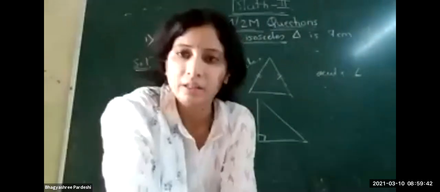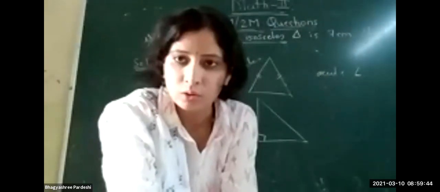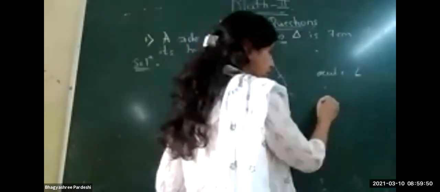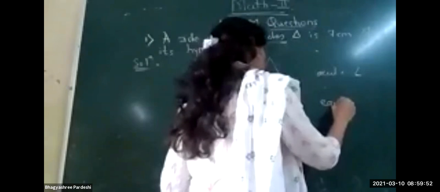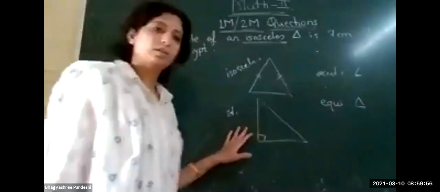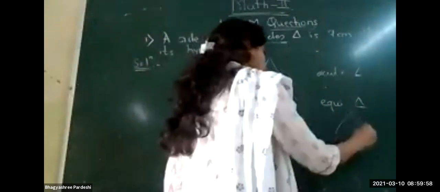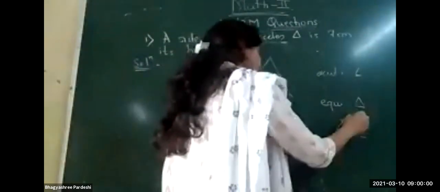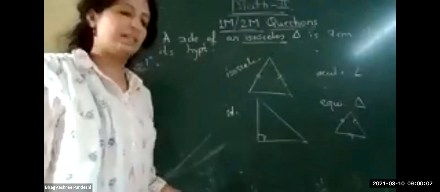Then who is next? Kushi Bano? Equilateral triangle. What is meant by an equilateral triangle? Ma'am, three sides are equal. If all three sides are equal, we call that triangle an equilateral triangle.